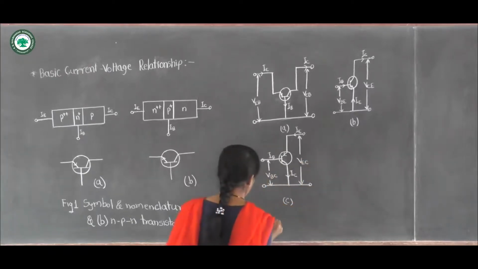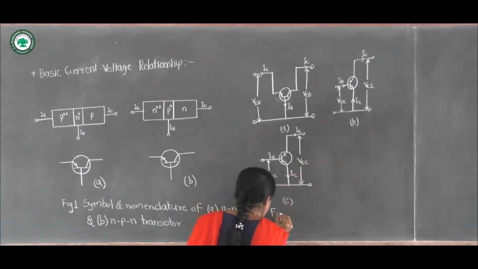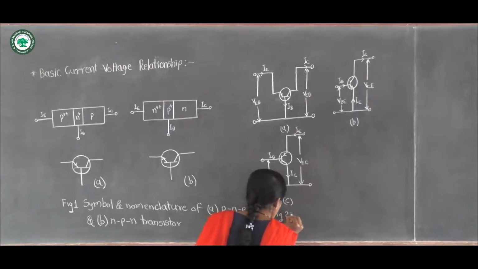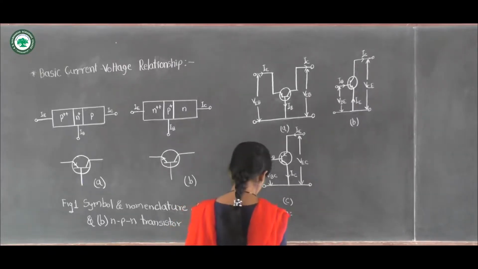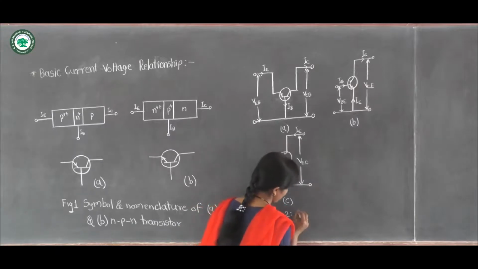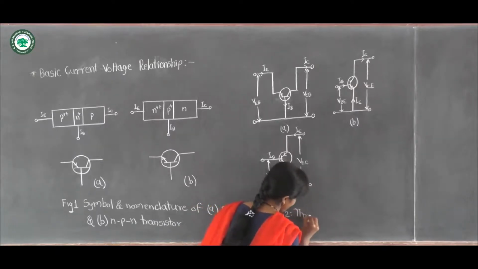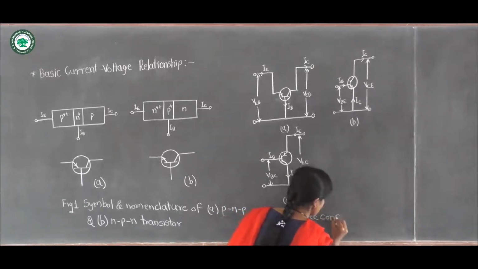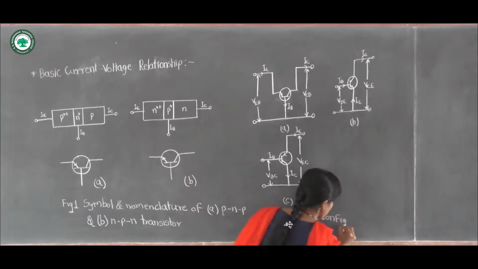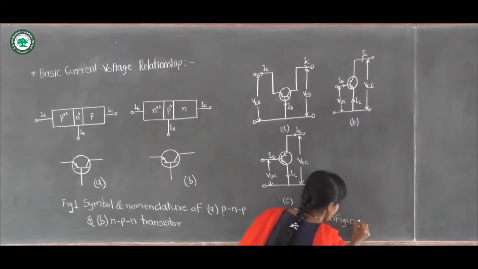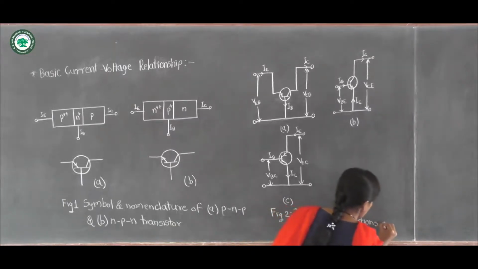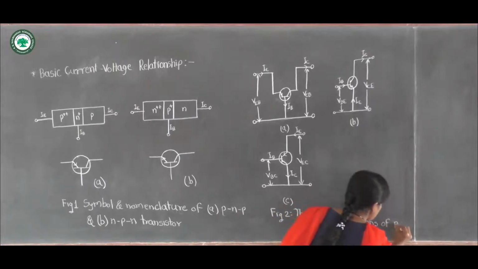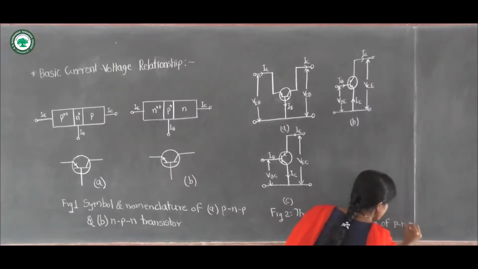So this is figure 2, which shows three configurations of a PNP transistor.